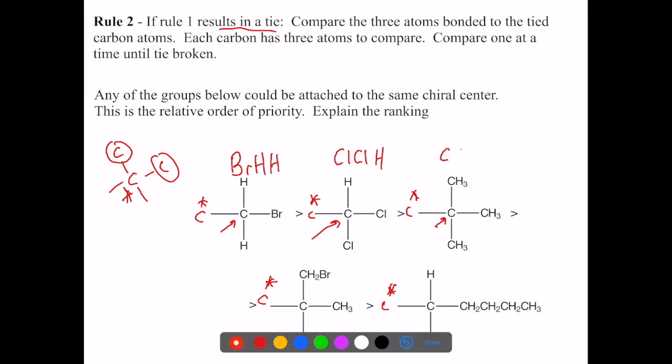Carbon, carbon, and carbon. And the first atom off of that initial carbon is a carbon, and that's lower atomic number than chlorine or bromine, so that's why it comes next.